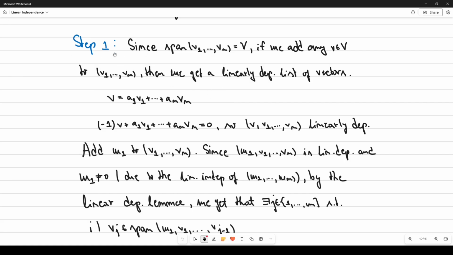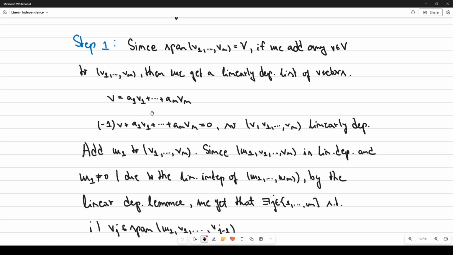So in the first step of this procedure, we have that the span of these vectors is equal to V. So if I add any other vector from V to my original spanning list of vectors, then we get a linearly dependent list of vectors.